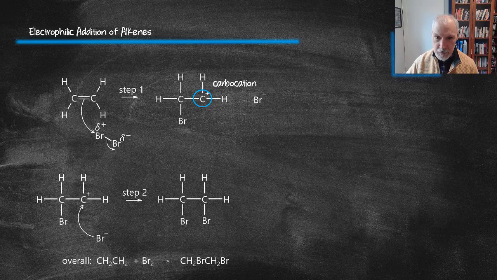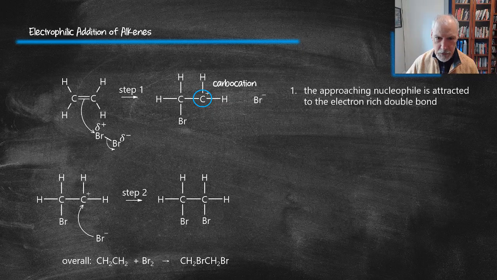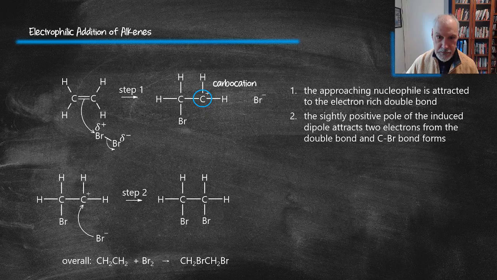Here's a look at the overall reaction. So I'll just summarize the steps here and we'll go through them. The approaching bromine is attracted to the electron-rich double bond. The slightly positive pole of the induced dipole attracts two electrons from the double bond and forms a carbon-bromine bond.